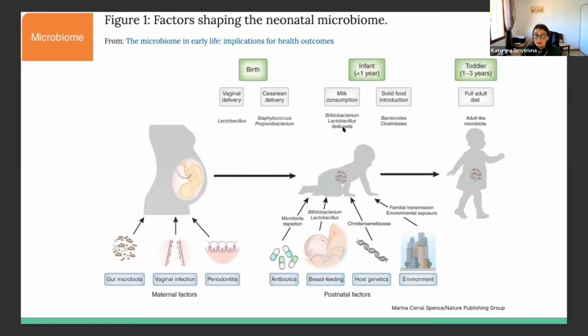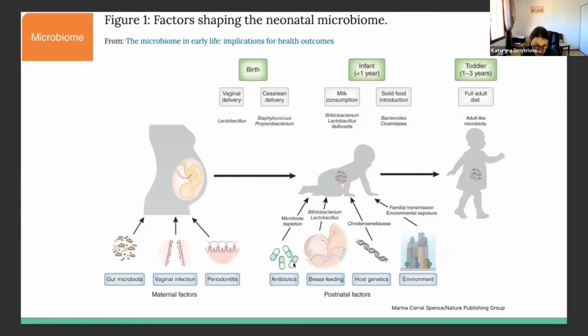And the next contribution to the microbiome of a baby is of food. There is a difference in the microbiome of the children depending on whether they are breastfed or whether they consume the artificial milk from the bottle.